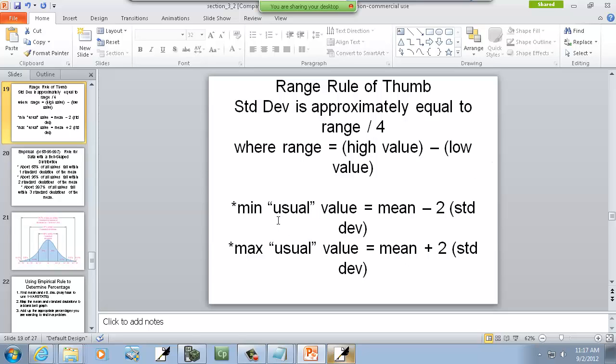Now, this is the minimum usual value, mean minus 2 standard deviations, and the maximum usual value, mean plus 2 standard deviations. So, for example, I don't have a problem on this, but let me make one up.